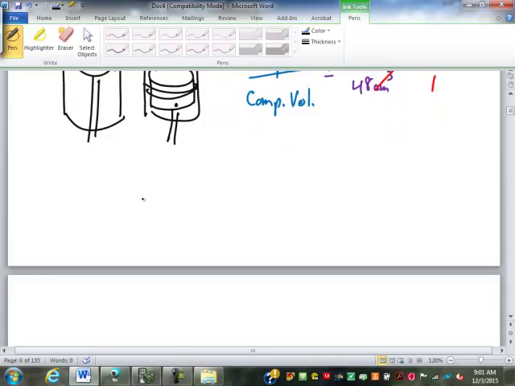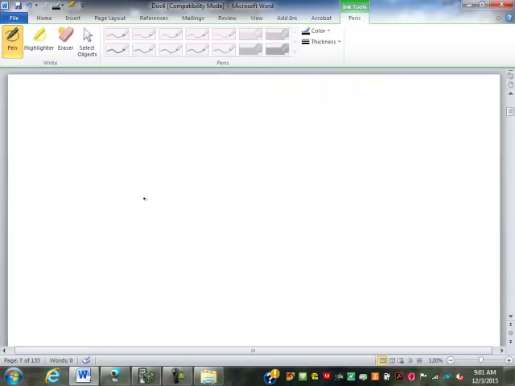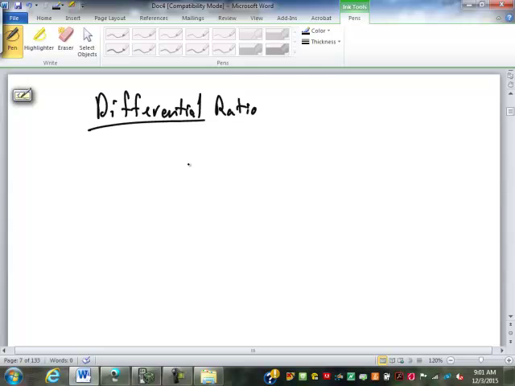Anyway, other ones for you guys. A differential ratio. Differential ratio is usually your ring gear to your pinion gear. You got your drive shaft coming back in. Usually have a ring gear like that. And obviously, this is a very simplified differential.